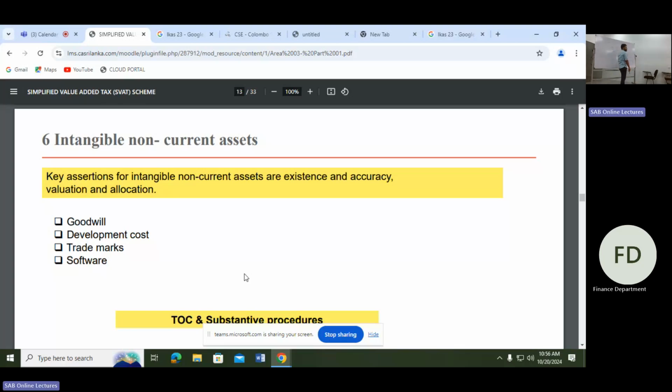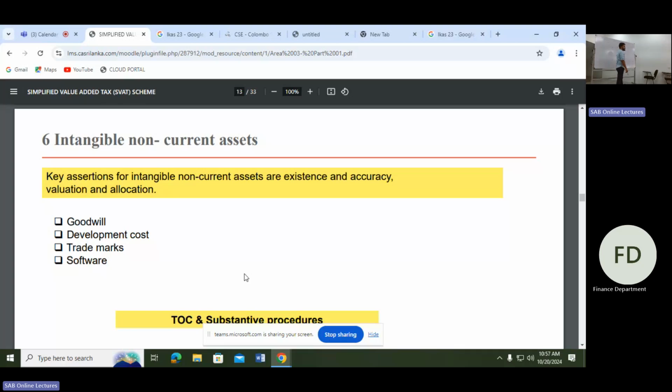Now we have to do a consolidation. Let's say A company acquired 80% from B company. From this B company, 20% is held by NCI.